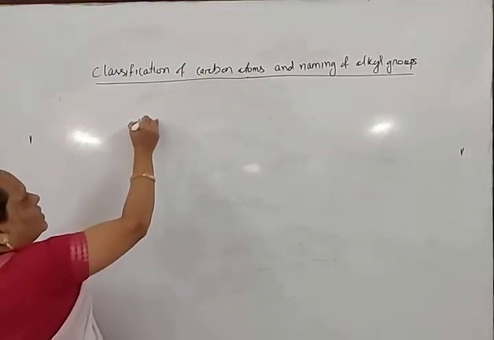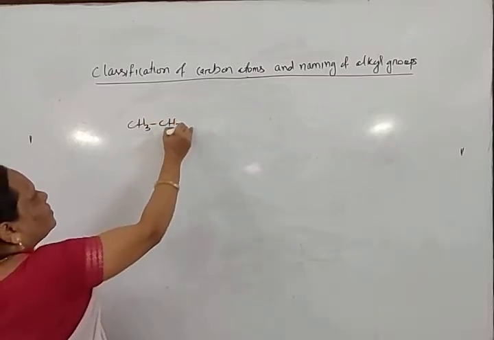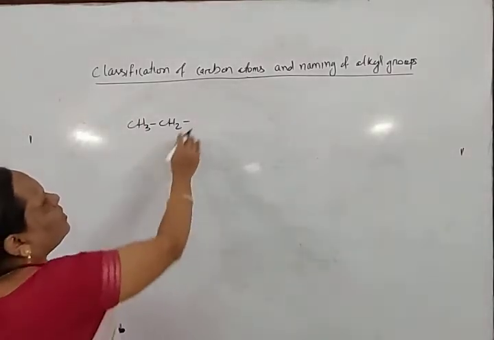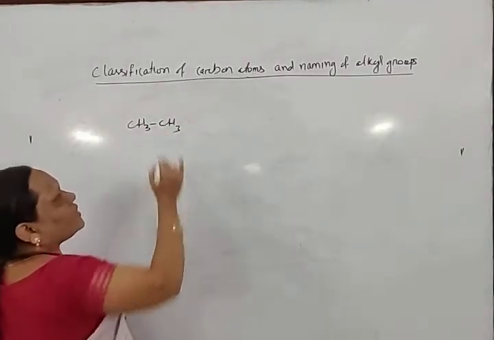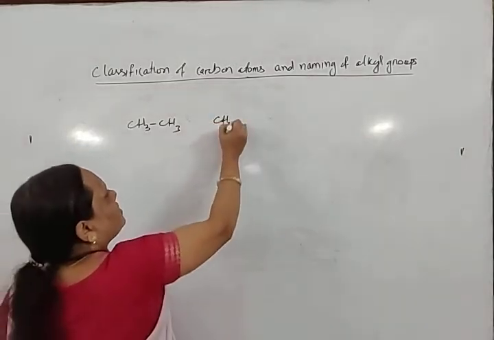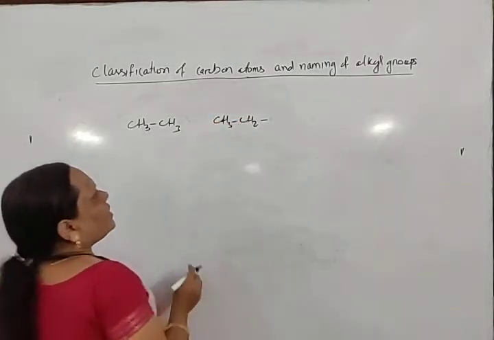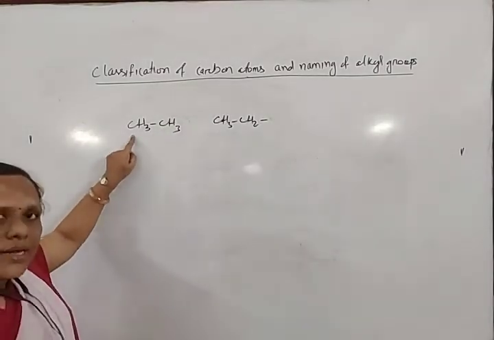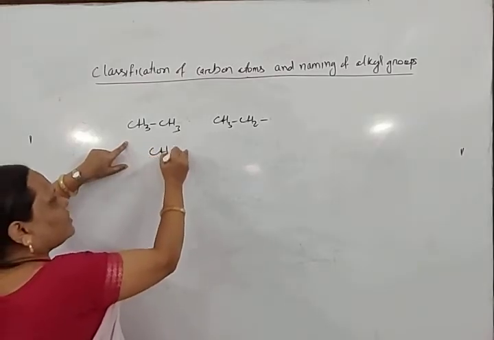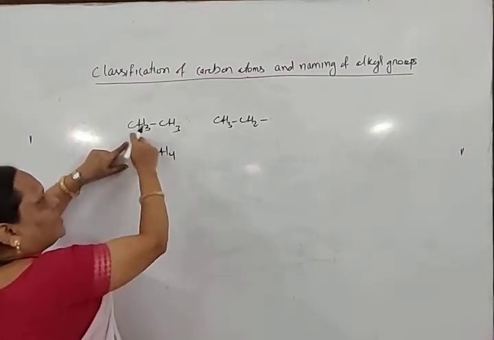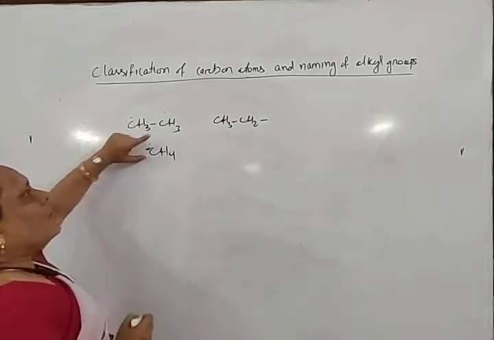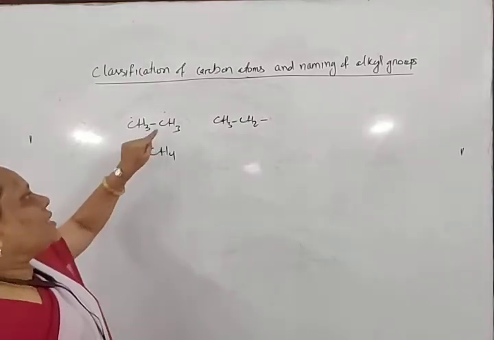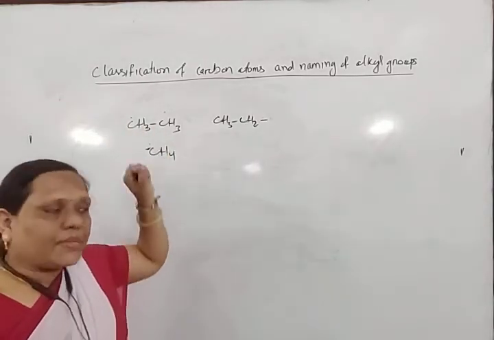Look here, CH3, CH2. Suppose an alkyl group is there, or we can say ethane is given, CH3, CH2. If the carbon atom is directly attached to maximum one carbon atom, or you can say only methane is there, then in methane or in ethane, these carbon atoms are all primary carbon atoms. A carbon atom attached to no carbon atom or maximum one carbon atom is a primary carbon atom.